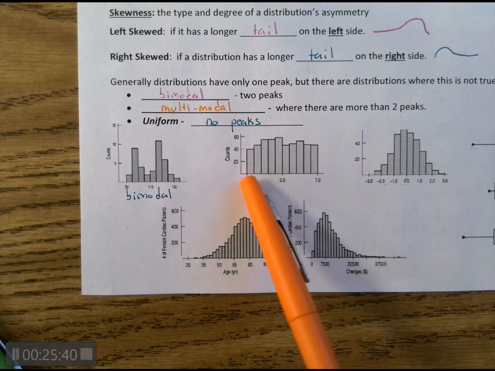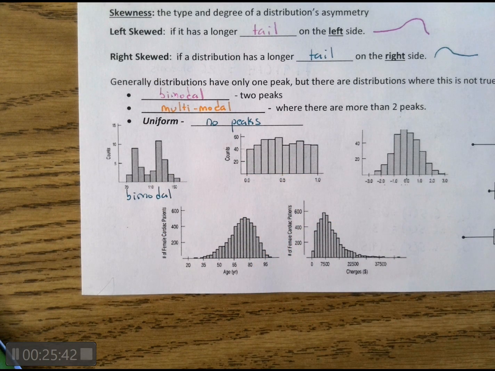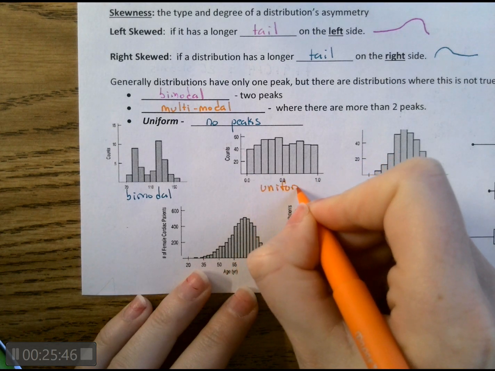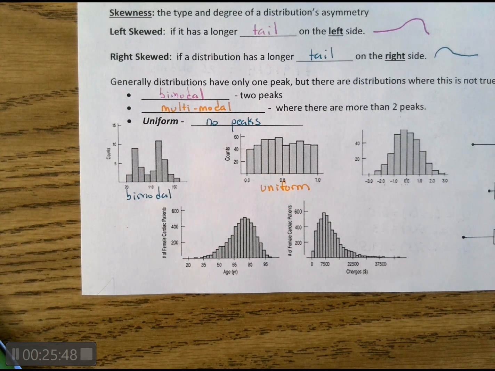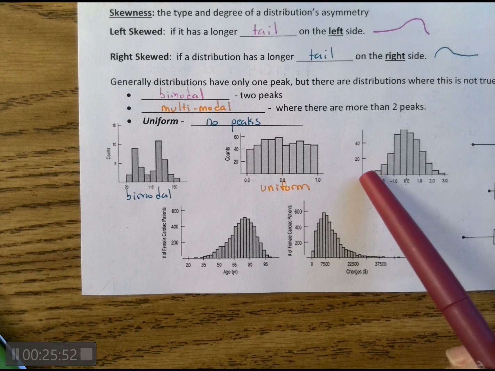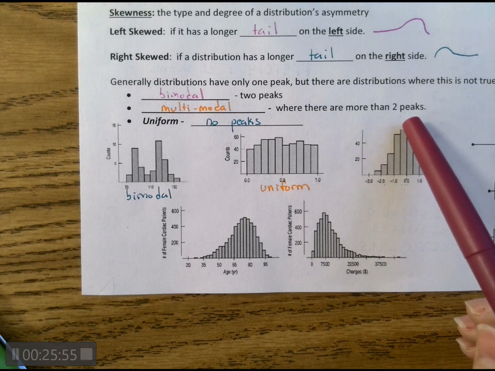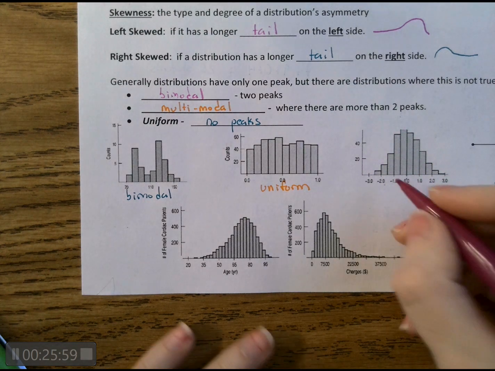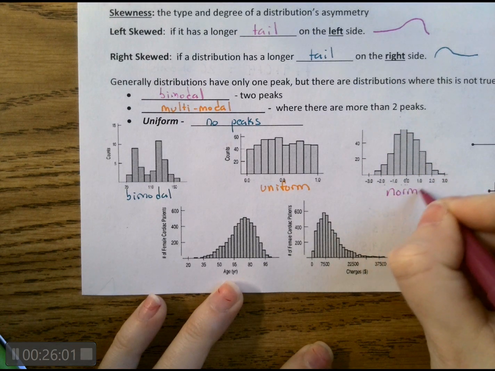Alright? And then this one does not really have a hump, so it's going to be uniform. And then finally, this is our bell-shaped curve that we were talking about, because it goes up and then it comes back down very nicely, very evenly. So this one is going to be normal.